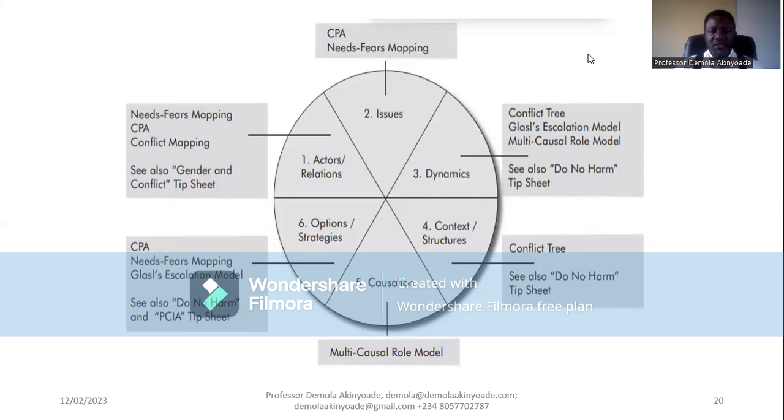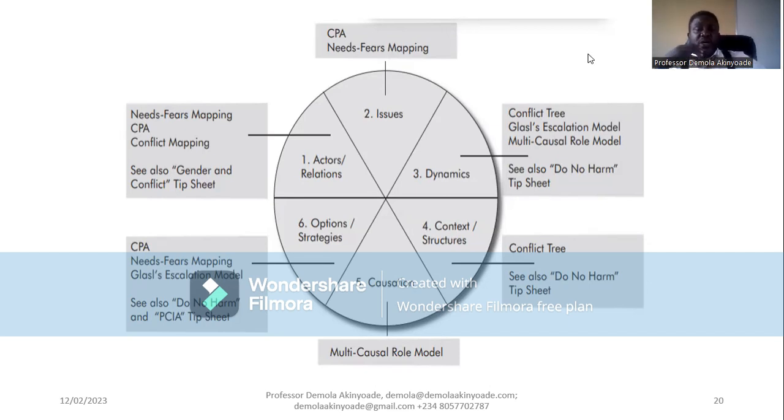Under causation, I will use the multi-causal role model, a conflict analysis tool. And then finally, for options and strategies, I will use CPA, needs-fears mapping, Glasl's escalation model. All these things are used for this particular conflict.